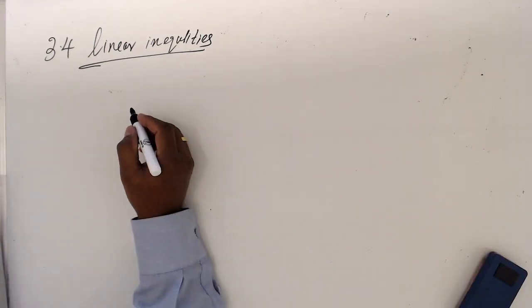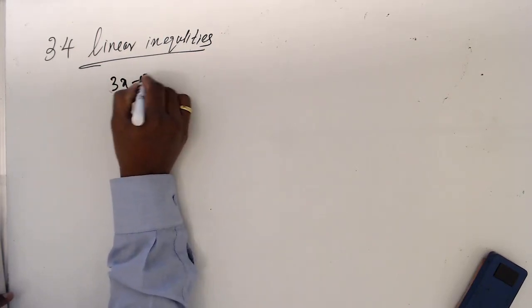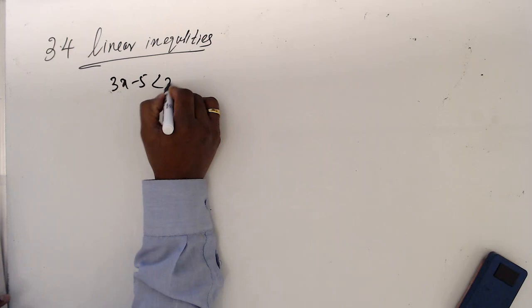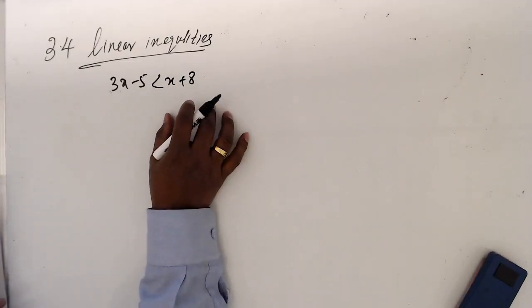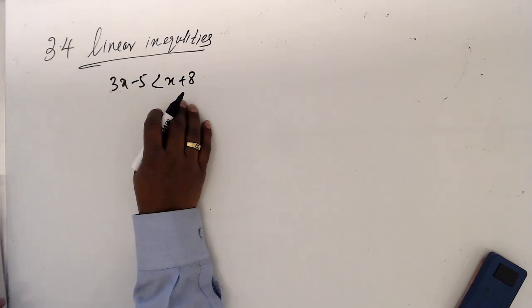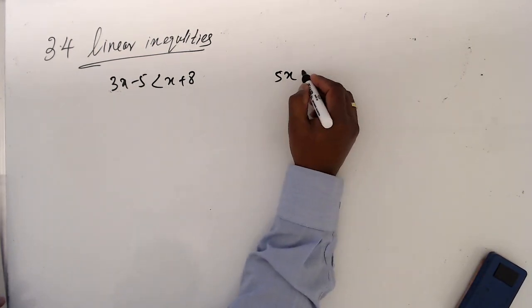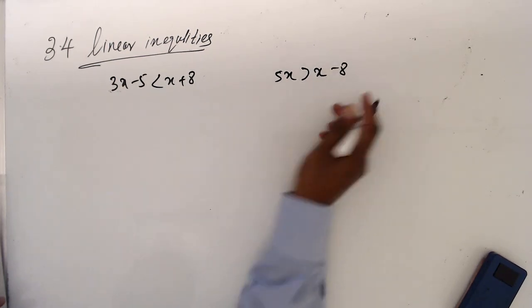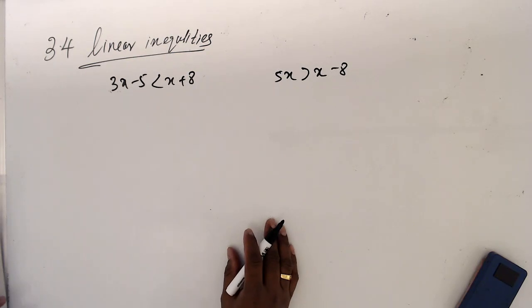Now let's discuss another example. 3x minus 5 less than x plus 8: this is an inequality relevant to England. And 5x greater than x minus 8, for the same factors, is relevant to Ireland.